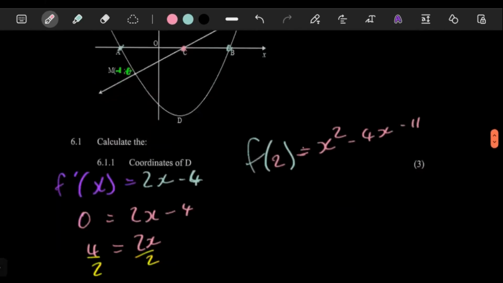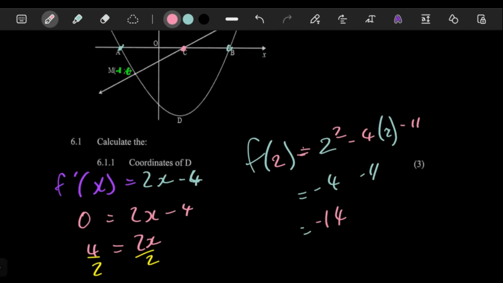If we put 2 wherever x is, then you have 2 squared, and then 4 times 2, which is 8. So it's 4 minus 8, isn't it minus 4? So it's minus 4 minus 11. That's going to give you negative 14.